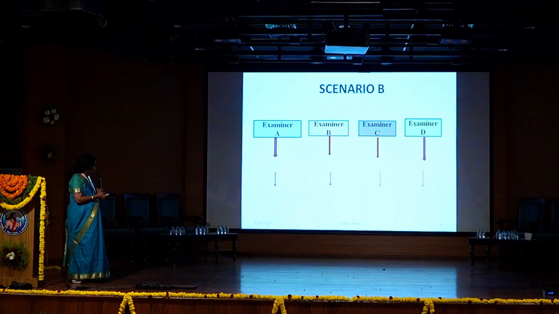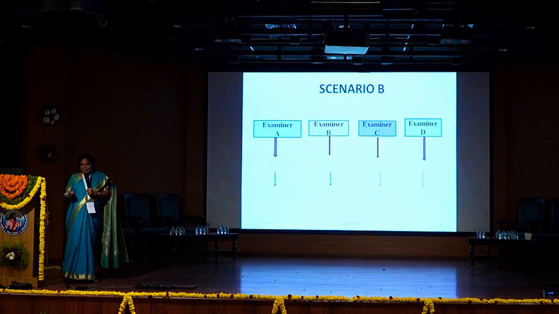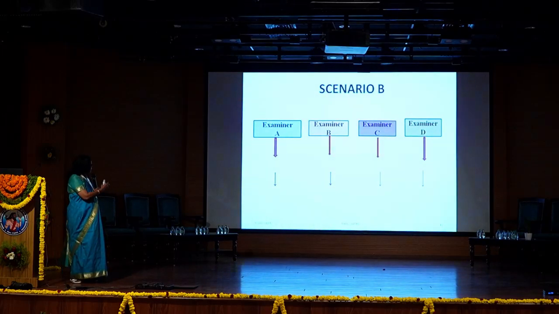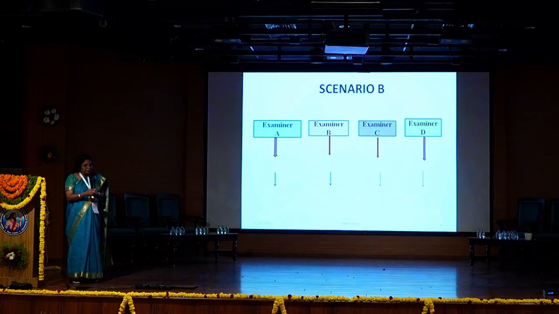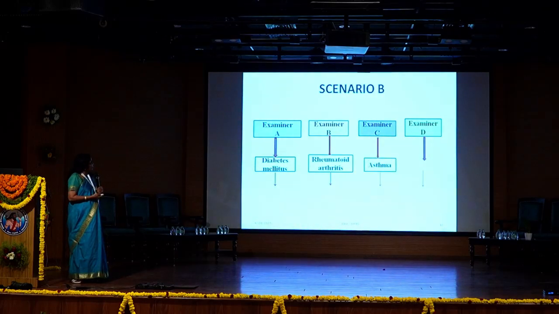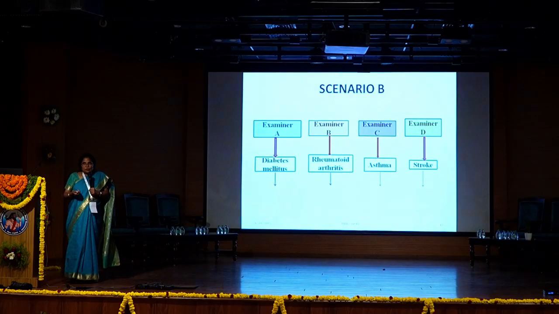If you go to scenario 2, that is B, there are four examiners. In a university we do have two internals and two externals, and we have examiners A, B, C and D. Examiner 1 has diabetes mellitus, examiner 2 has rheumatoid arthritis, examiner 3 has asthma, and examiner 4 will have a stroke.